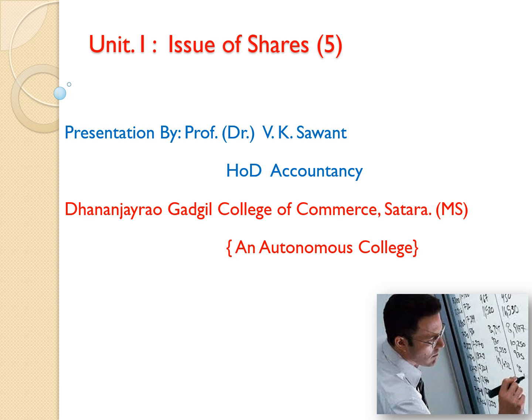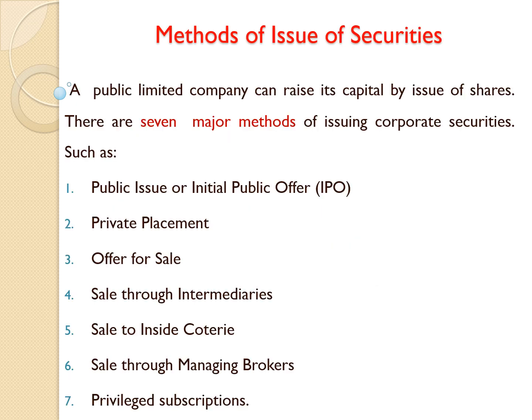Another type of companies is service companies. That means they are not producing any products or commodities, but they are providing services to the society. So by taking into consideration the nature of companies, there are three types of companies: manufacturing companies, trading companies, and service companies.